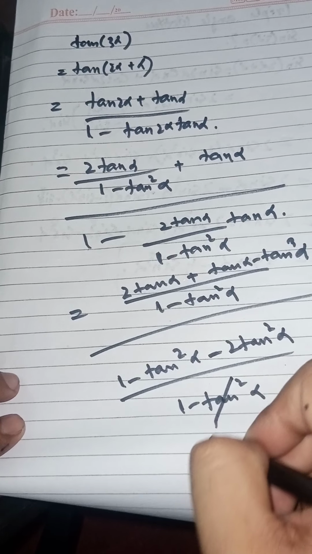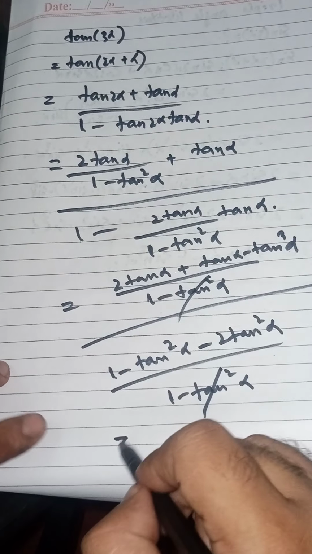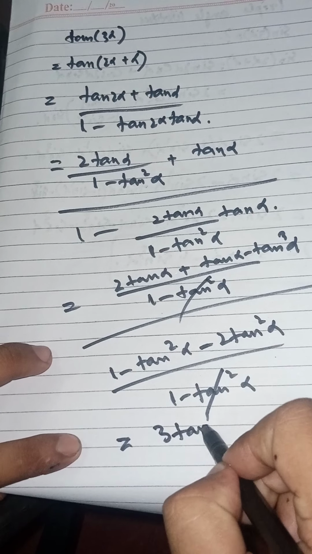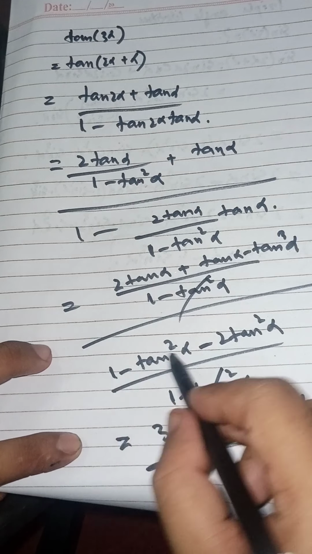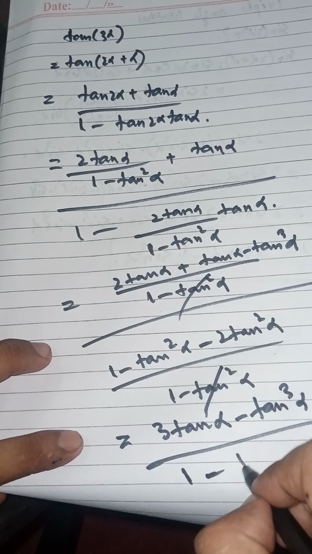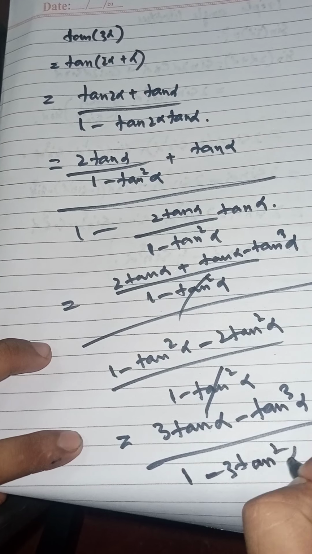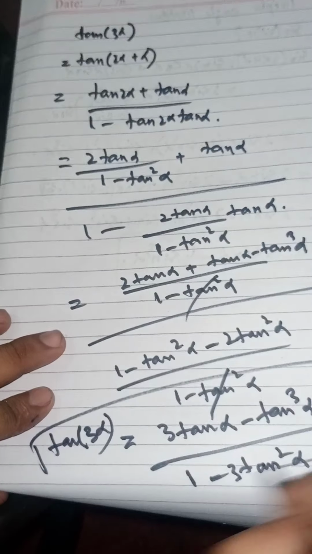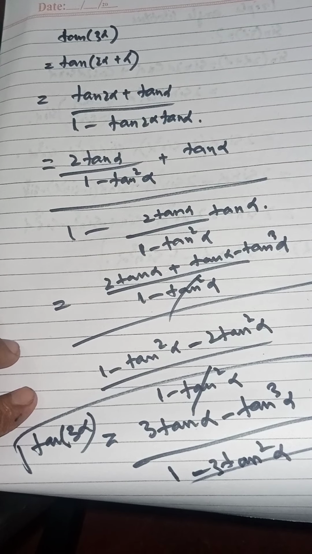This 1 minus tan square alpha cancels out, and it is 3 tan alpha minus tangent cube alpha divided by 1 minus 3 tan square alpha. So tangent 3 alpha is equal to 3 tangent alpha minus tangent cube alpha divided by 1 minus 3 tangent square alpha.